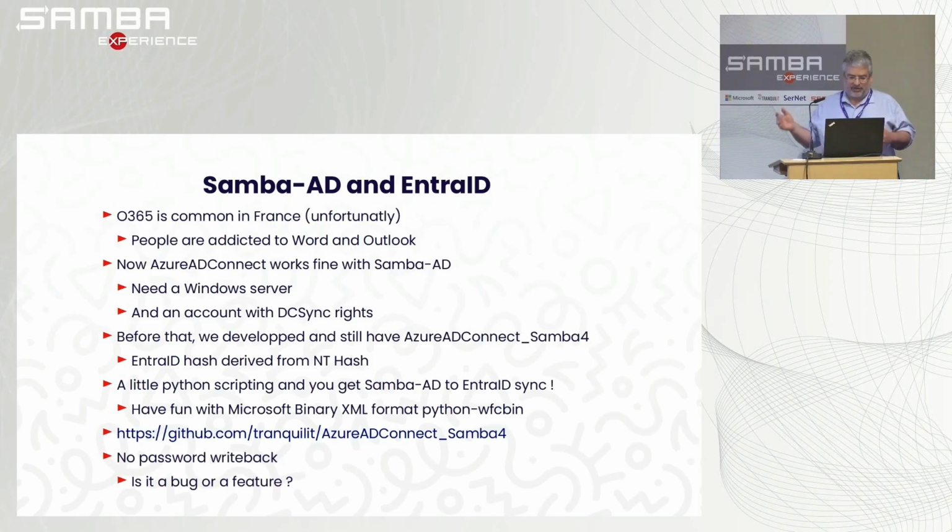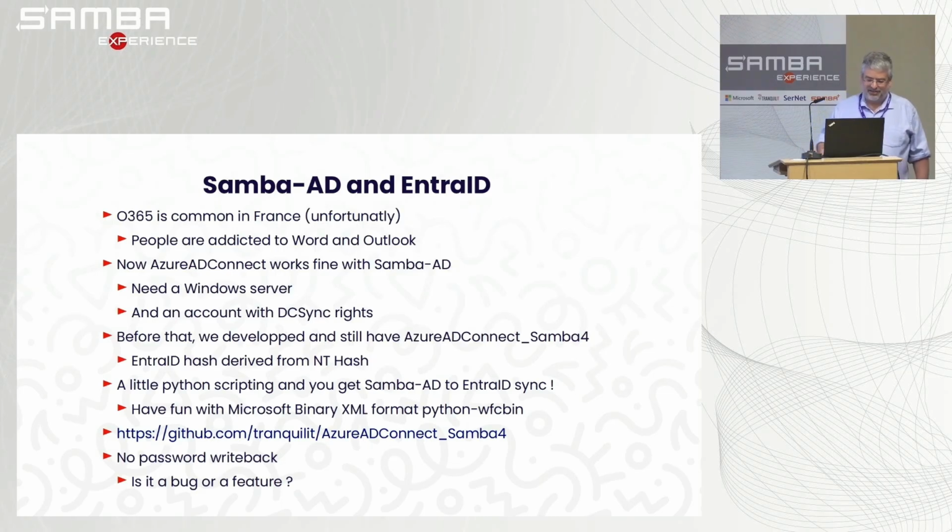Well, Azure AD, or whatever it's called now, works fine with current Samba-AD, but it didn't work a few years ago. Moreover, you needed a Windows server and DC sync rights. So at that time, we also created a script called Azure AD Connect Samba 4. The naming is not very creative, but we have done our best.